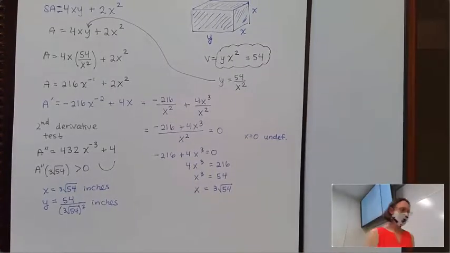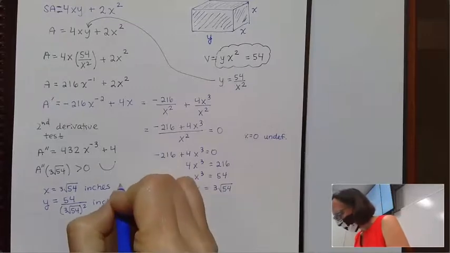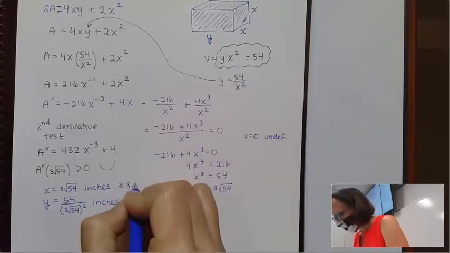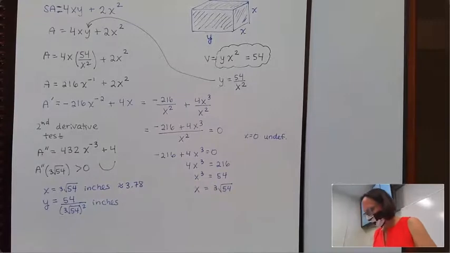Now I'm actually really curious. Obviously, I faked the dimensions of the box anyway, but what is the cube root of 54? 54 to the 1/3 power. Okay, so the cube root of 54 is like 3.78-ish.